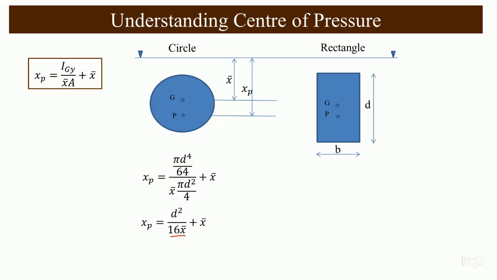So now what is happening is, as we go down below and below, the difference between G and P reduces. The difference between G and P reduces. So the more the depth, this value reduces. That means P approaches G as we go to infinite depth.